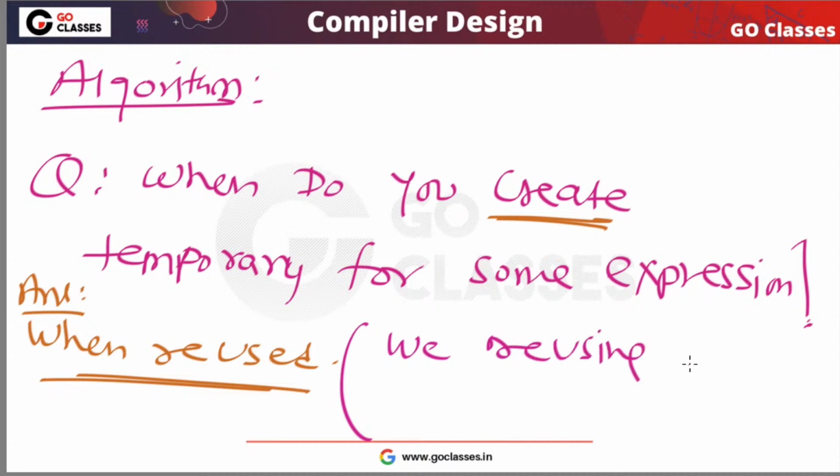So when reusing an available expression, a computed expression, we go back and create a temporary variable.